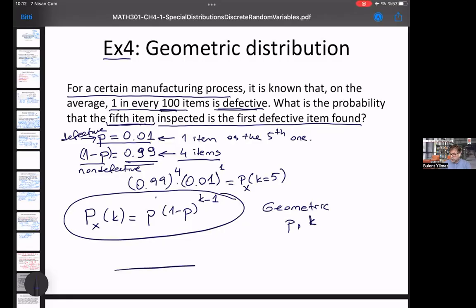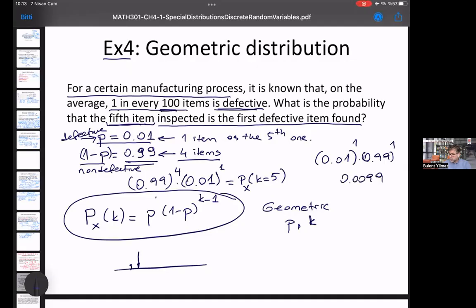Okay, that's the probability distribution. If you want to plot this, for example with 0.01, if it is the first item, it's going to be 0.01. If I want it as the second item, it's going to be 0.99 times 0.01, which is 0.0099.